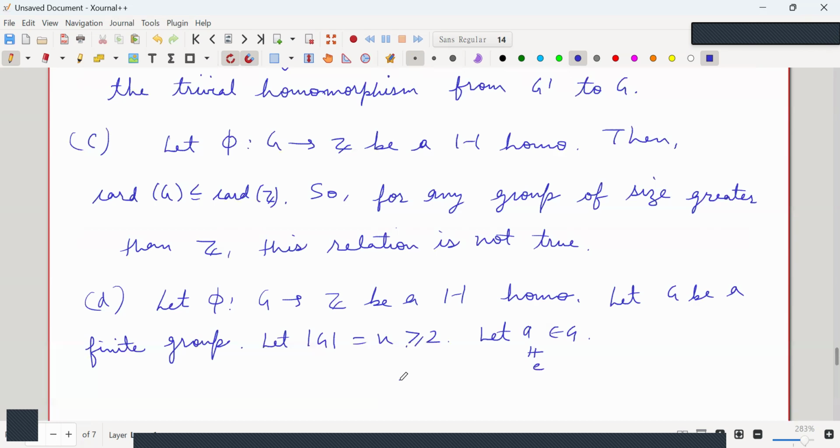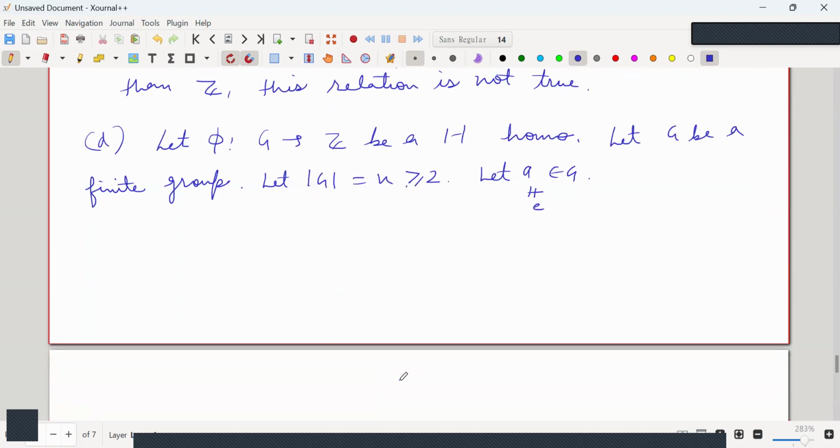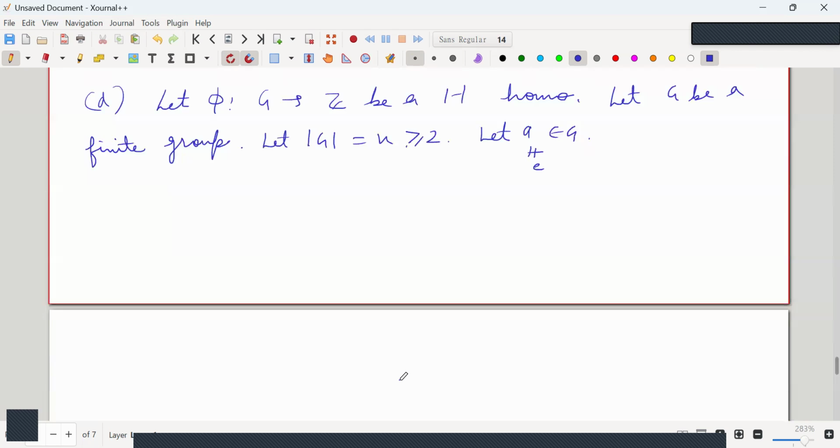There should be more elements here than here, because for each element inside Z there is a pre-image, and the map is well defined. One element cannot map to two elements. So the size of G has to be greater than or equal to the cardinality of Z for the onto case. So then G is infinite. From here as well you can get it.